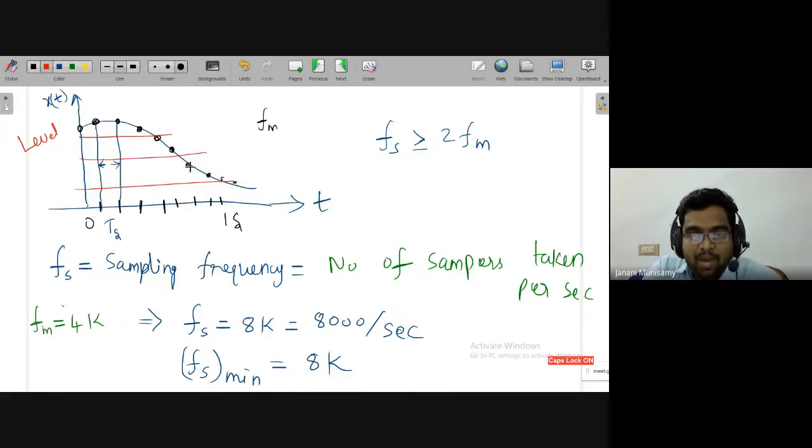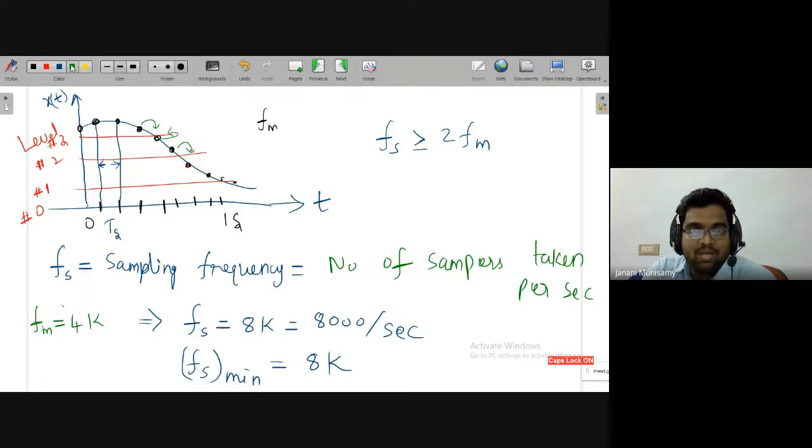So at any point of time, my sample value, say this is level 0, this is level 1, this is level 2, this is level 3. I am having 4 levels. At any point of time, my sample value will be mapped to the nearby level. Either this sample will be mapped to this level, this will be mapped to this level. So somehow I am assigning each sample to the nearby level.